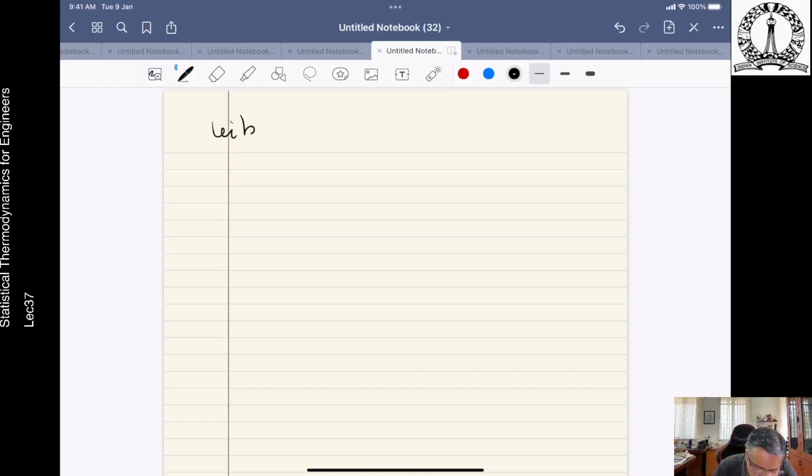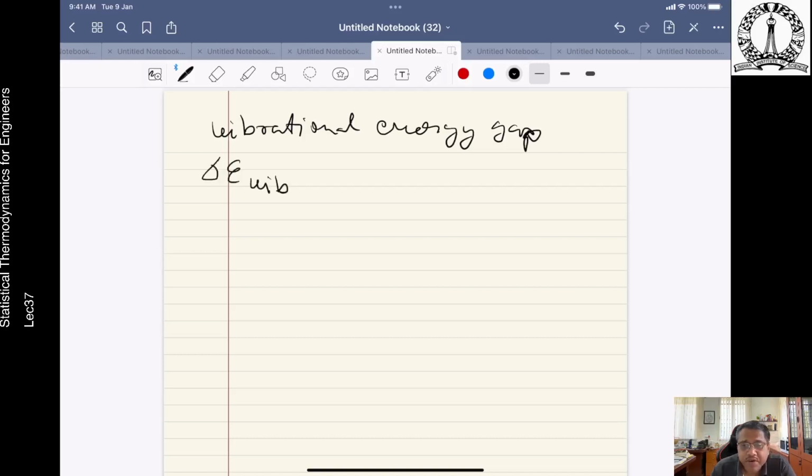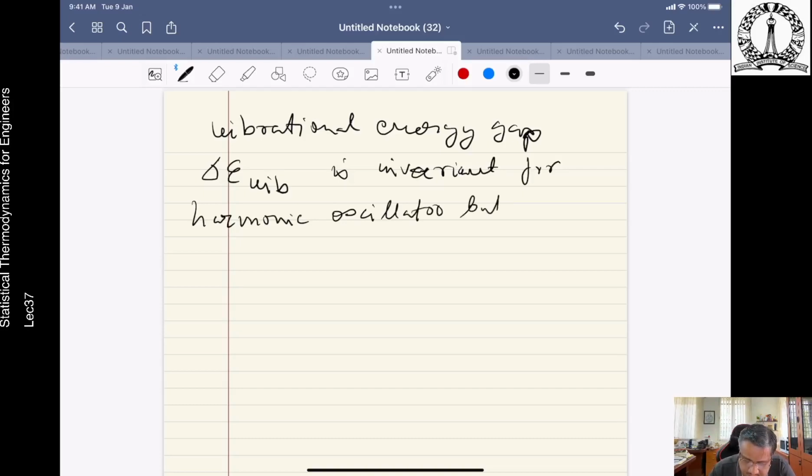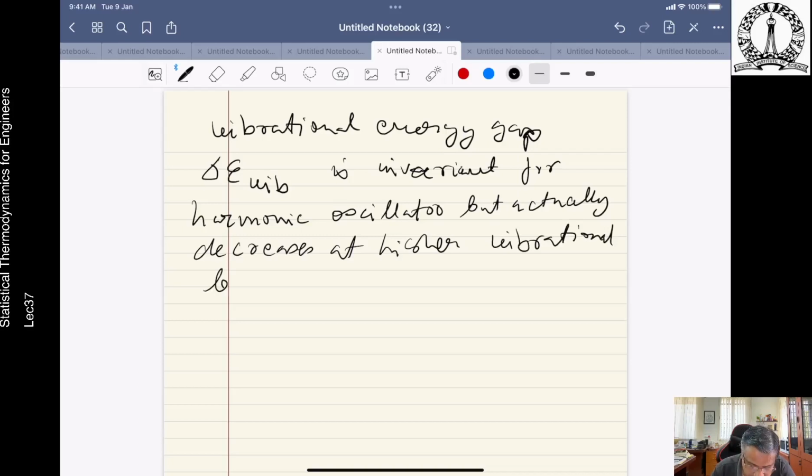So we also know that the vibrational energy gap, delta E vibration, is invariant for a harmonic oscillator, but actually decreases at higher vibrational levels for an anharmonic oscillator.